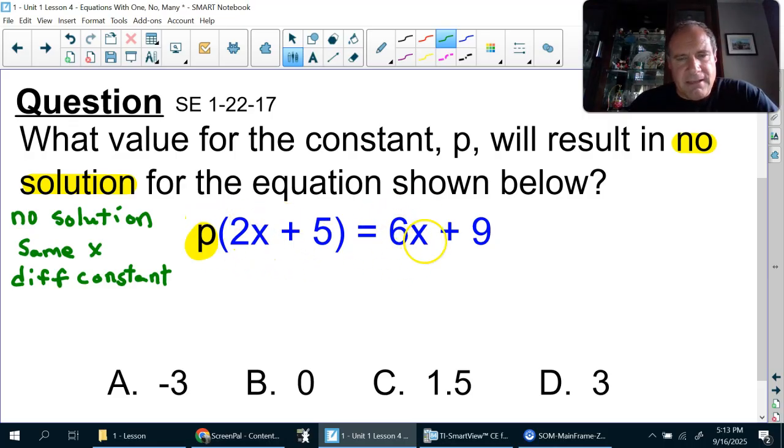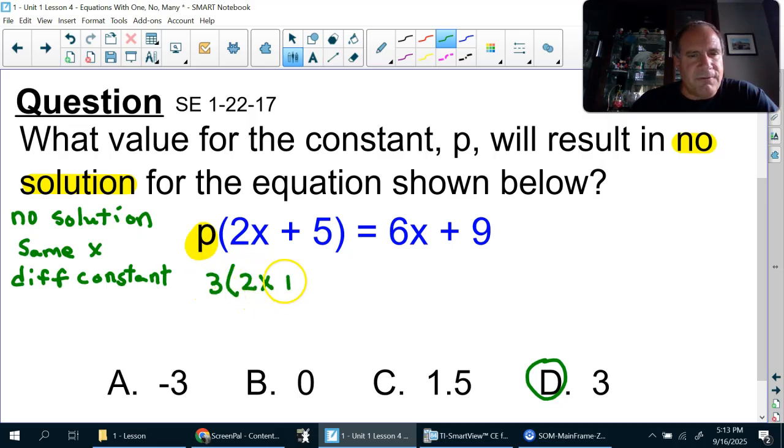So if you're talking about this right here, 6x, what times 2 will equal 6? Negative 3? That's negative 6. No good. 0? Not at all. 1.5 times 2? No. 3. So let's go ahead and put 3 times 2x plus 5 equals 6x plus 9.